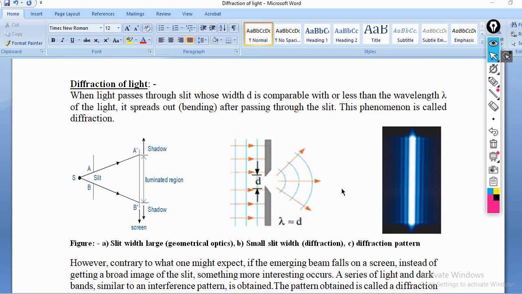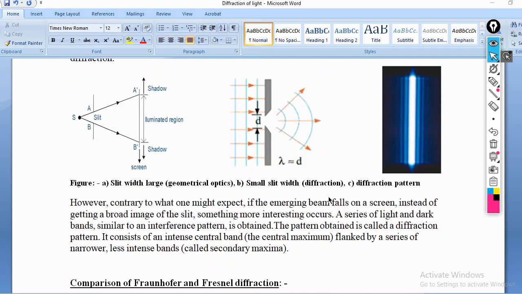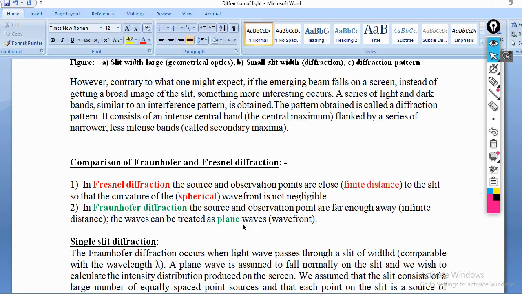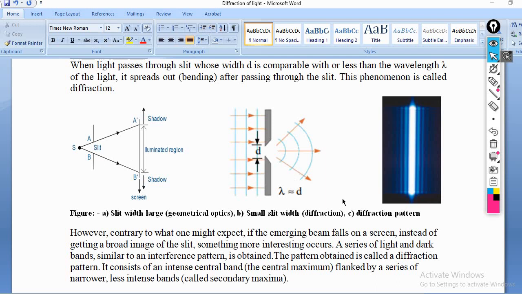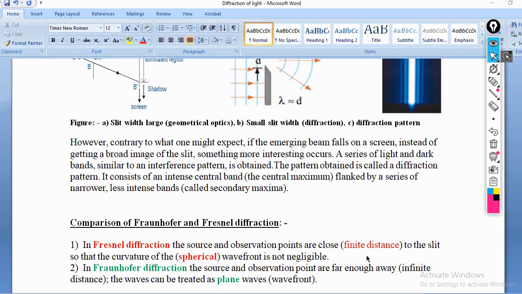Now, to explain diffraction or superposition of light, we are going to consider the simplest form, diffraction by a single slit. Before going to this, let me discuss the types of diffraction. There are two types. The first one is Fresnel diffraction. In Fresnel diffraction, the source and screen are at a finite distance.